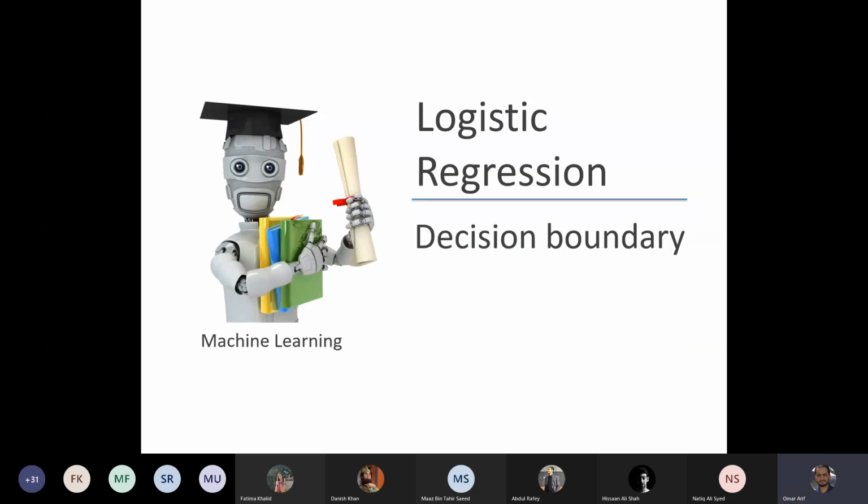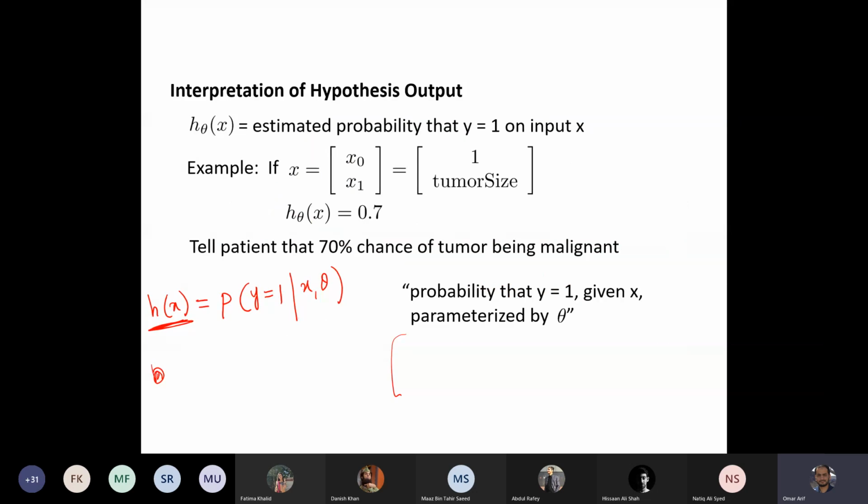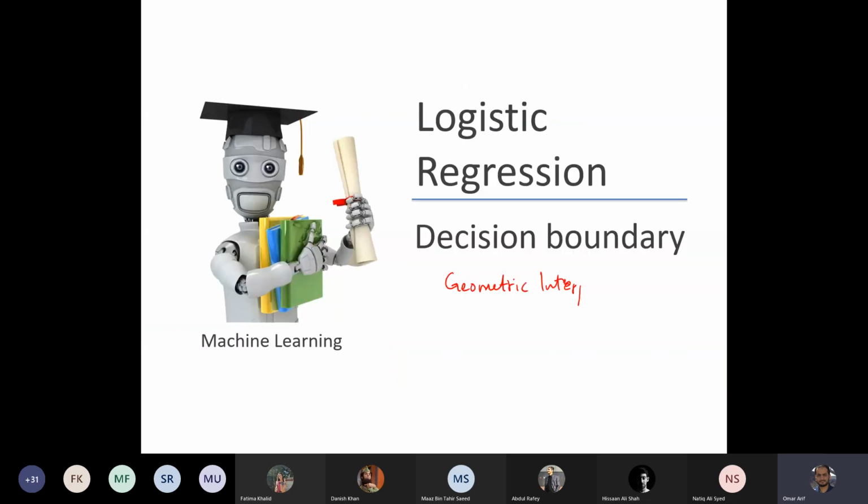Okay, we have looked at the interpretation that it is a probability. Let's now look at the geometric interpretation of the hypothesis function, of h of x for the logistic regression.